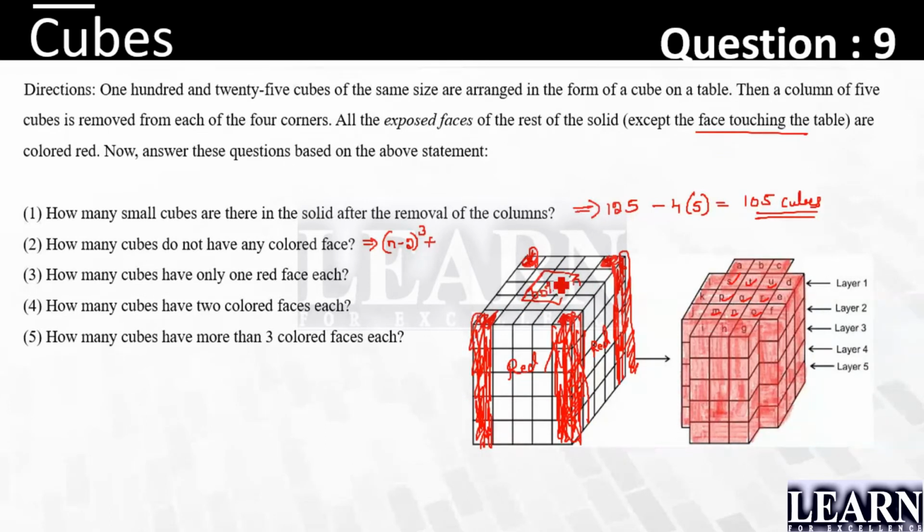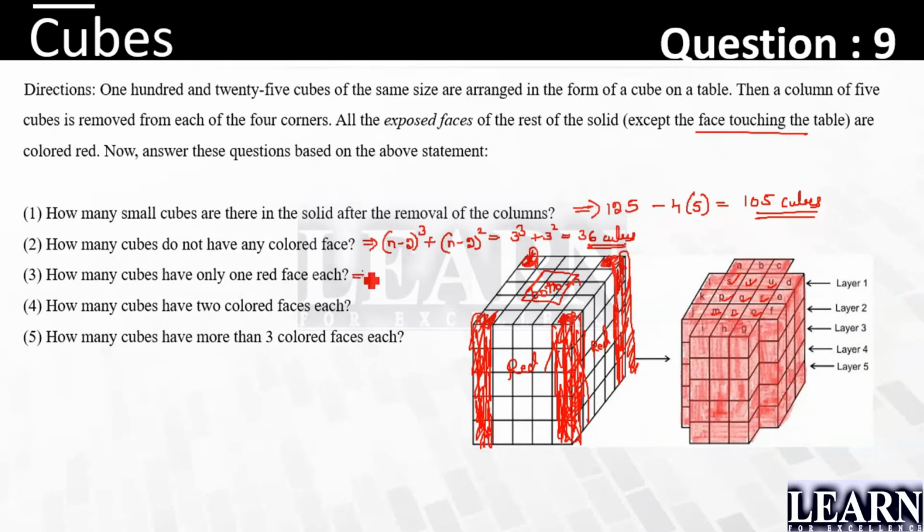So again I have got 3 by 3, that is nothing but n minus 2 whole square. So that gives 3 cube plus 3 square, 27 plus 9, which gives 36 cubes which are not painted.